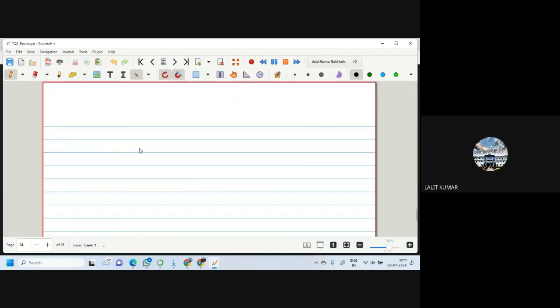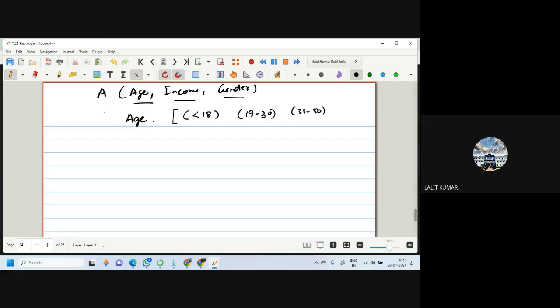So here, for example, this is my method: age, income, and gender. These are my three characteristics. For age, I will make some partitions depending on the domain. So I will have one partition less than 18, 19 to 30, for example, 31 to 50, above 50.